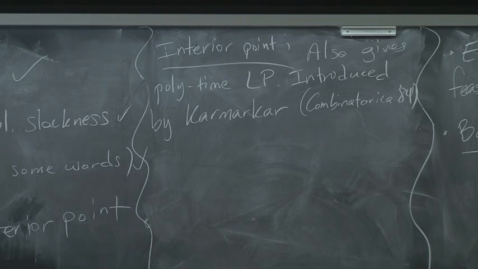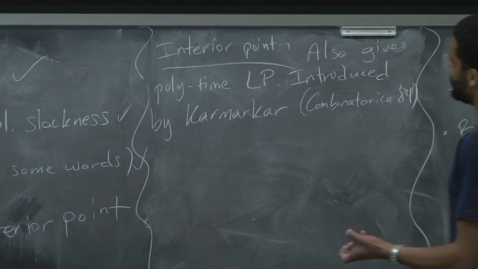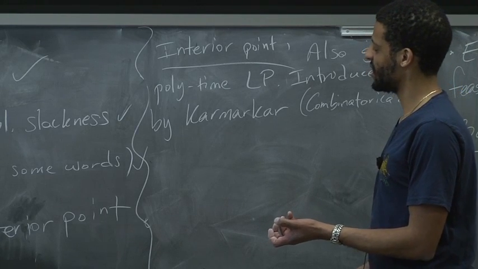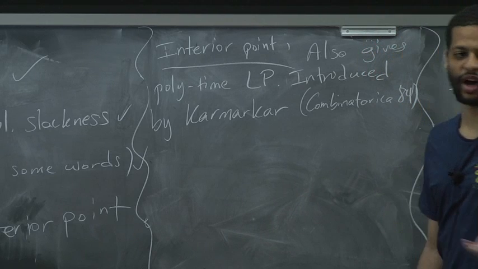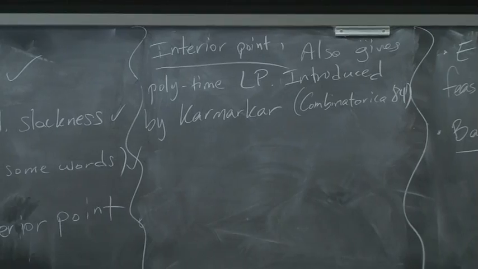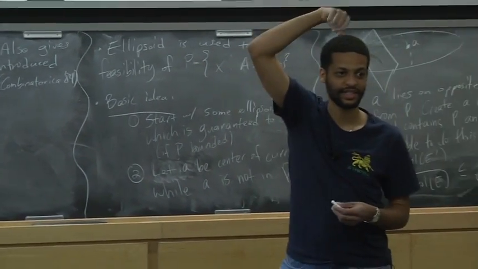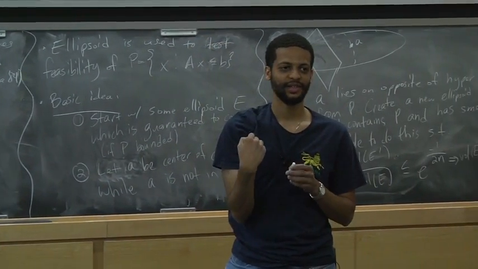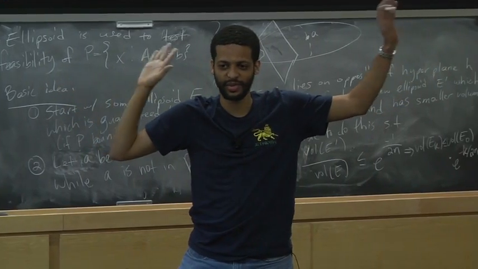It's sort of, I don't know if opposite is the right word, but let me say opposite of Simplex. Simplex is always on the exterior of the polytope, jumping around from vertex to vertex, going along edges. Interior point tries to stay as far from the exterior of the polytope as possible.